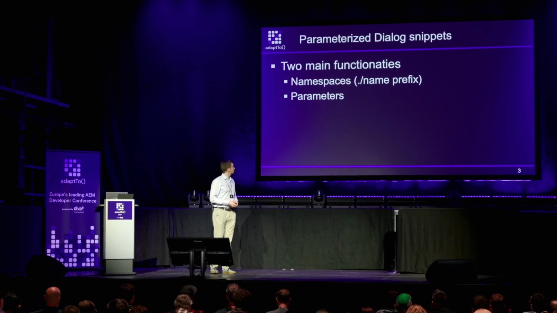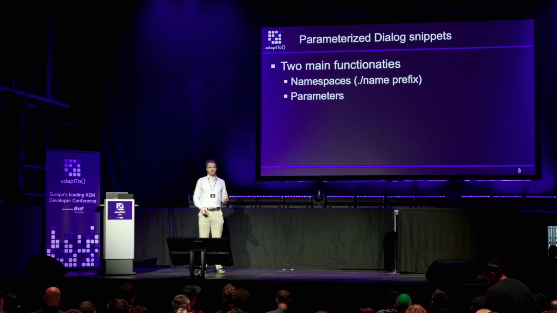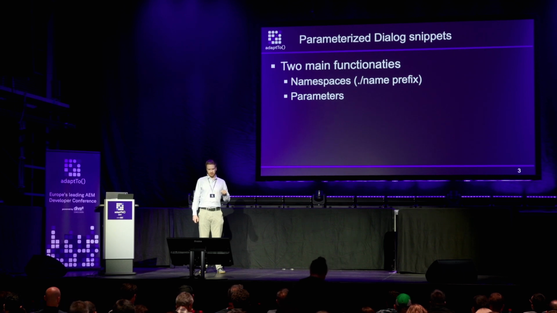So to solve that, there's two main functionalities. One is the namespaces, which basically means that before every name property, we put a namespace that you specify, and that will work pretty well. I'll show it later.